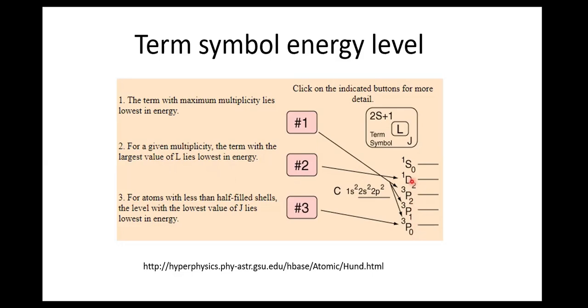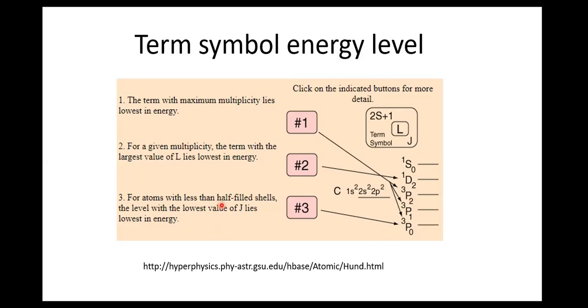But if we compare, for example, if this were 3, then we know that compared with P, D would have lower energy because the L is larger, right? But now the L is the same. Then we go to the third part, which is the total angular momentum, which is considered the coupling between the spin part and the orbital part.